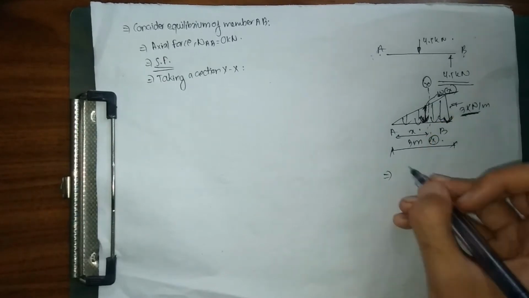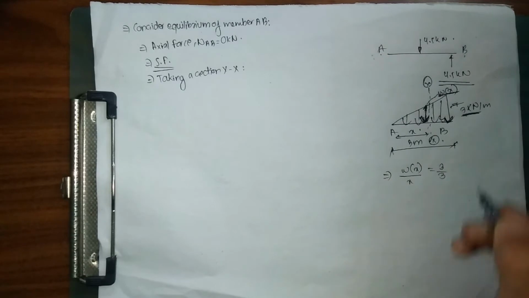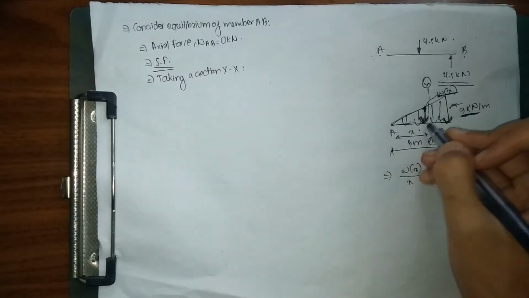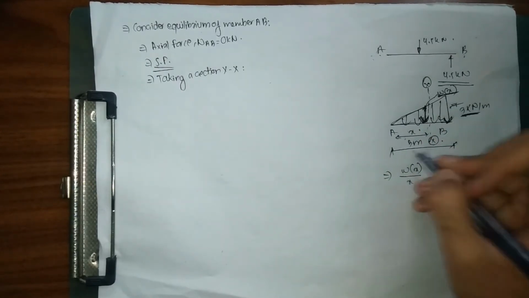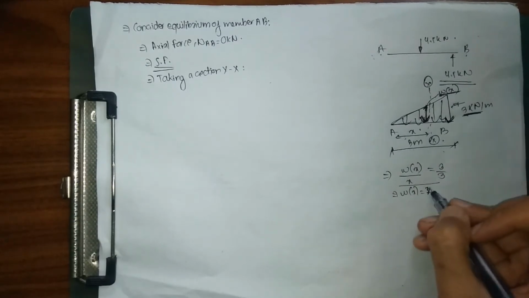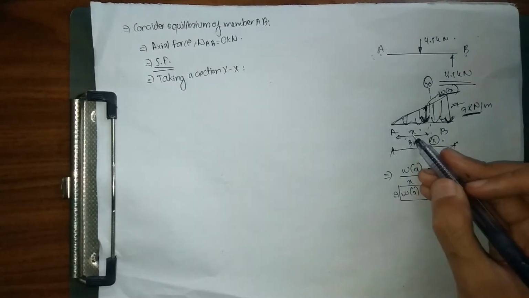Now we are going to use the similar triangle method. This is our bigger triangle and this is our smaller triangle. So WX divided by X equals 3 divided by 3, and we simply get WX equals X.